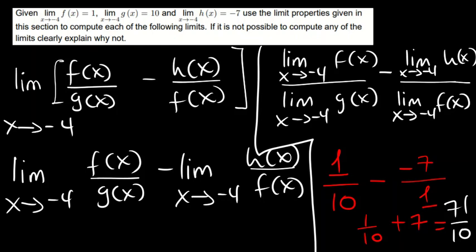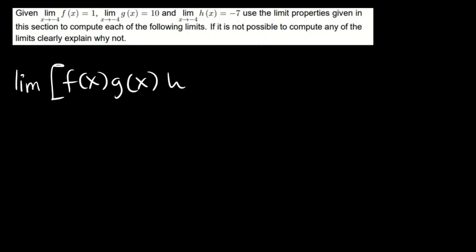Okay, so that's how to go about this type of question. Let's look at the next question. For the next one, we are going to compute the limit of f of x multiplying g of x multiplying h of x, as x approaches minus 4.